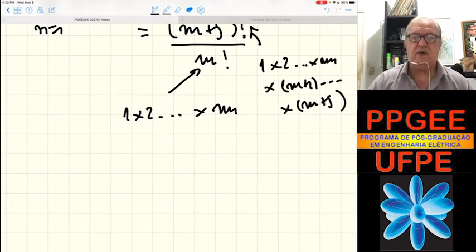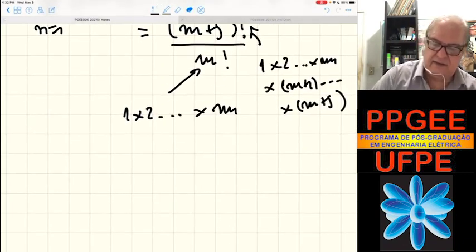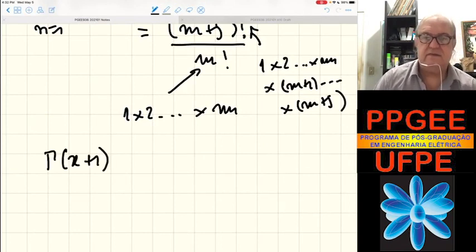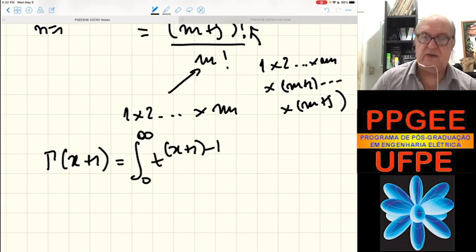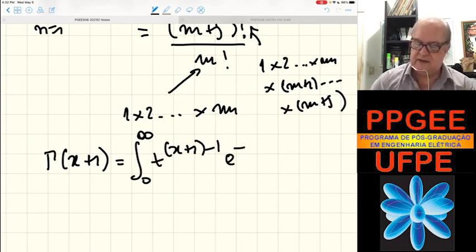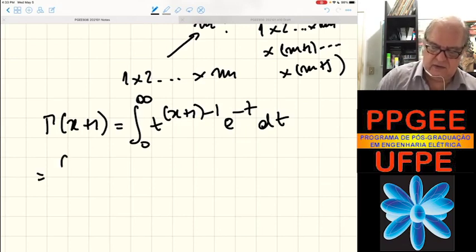I mean, if you calculate gamma of x plus 1, by definition, it is going to be the integral from 0 to infinity of t raised to x plus 1 minus 1 times exponential of minus t dt, which equals t to the x.